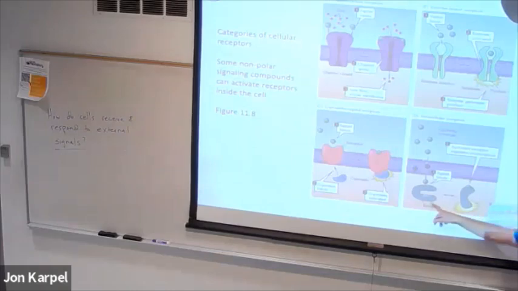And then this one just shows an intracellular one where it binds and then changes conformation when you start it. So, cool, right? Structure and function, pretty important here. You have to have the right structures for these receptors in order for them to function properly. If they don't have the right structure, they won't be functioning properly.